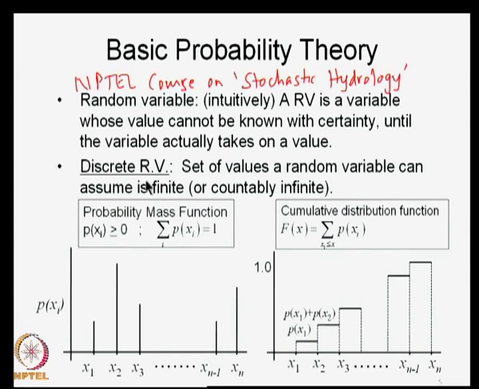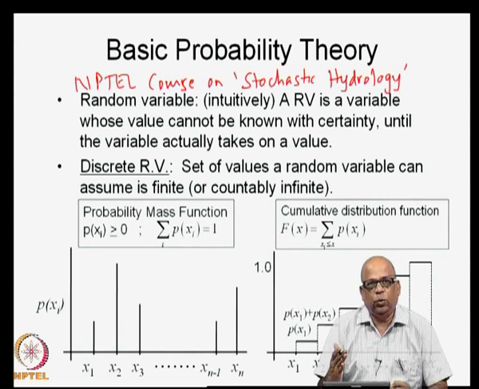Now, with this primary definition, we move on to a slightly mathematical treatment, for which we define the probability distributions. So, there is a concept of discrete random variables and continuous random variables. Now, the discrete random variables are those which assume only discrete values.